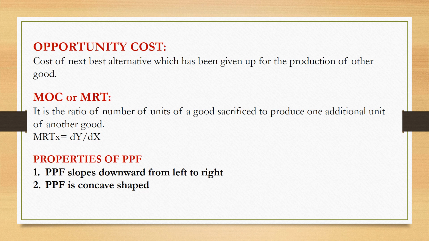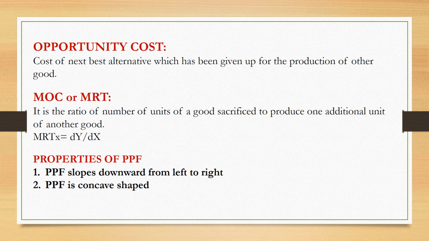So if you produce more wheat, you have to sacrifice rice, and if you produce more rice, then you have to sacrifice wheat. So the amount you sacrifice is called opportunity cost.